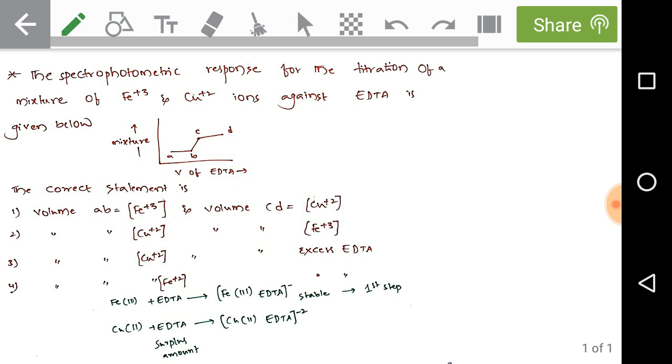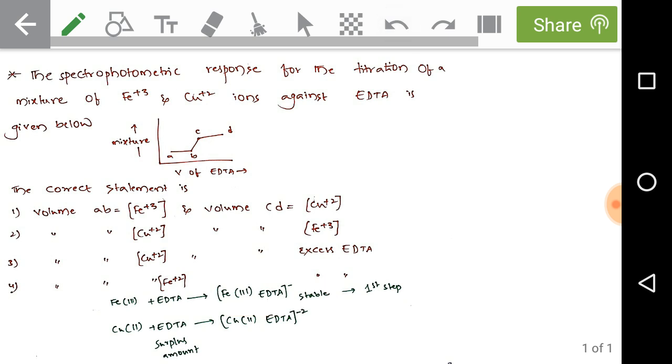So in the first step of the titration, A to B indicates iron plus 3, which is converted into a stable complex.